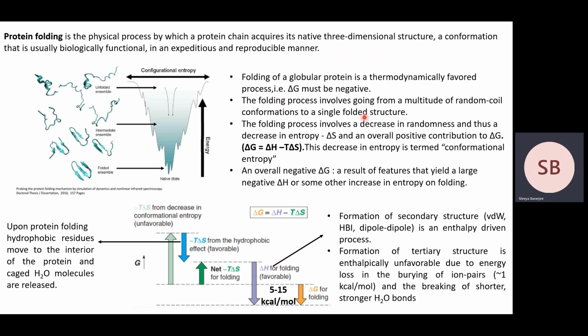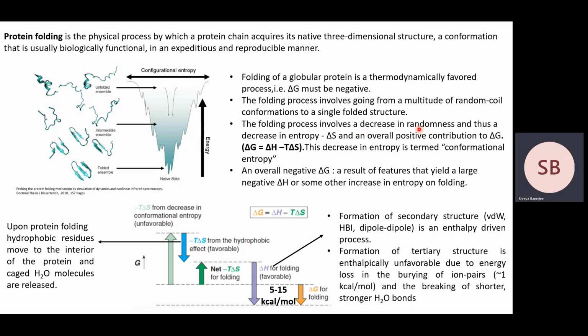The folding process involves going from a multitude of random coil conformations to a single folded structure. So basically, if this is the energy of folding, then you can have many unfolded states, but the native state is a single conformation, which is usually assumed to be the lowest energy conformation.